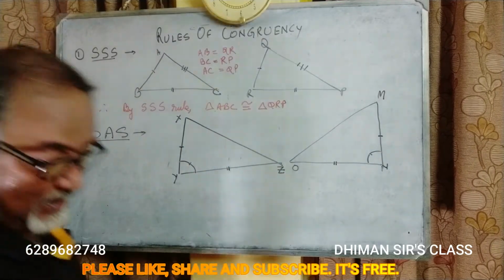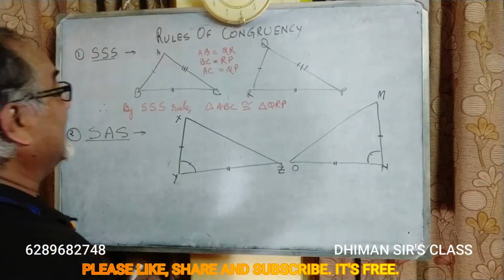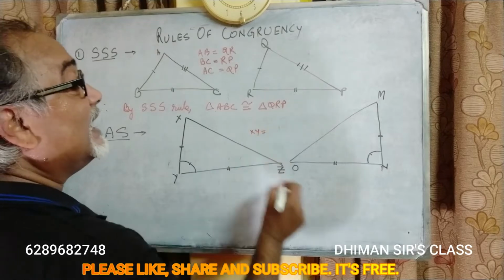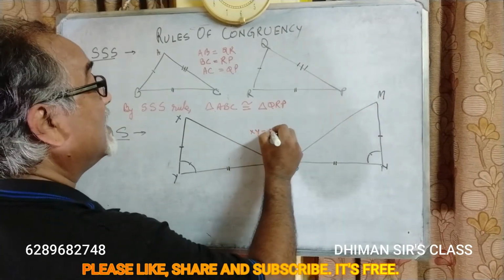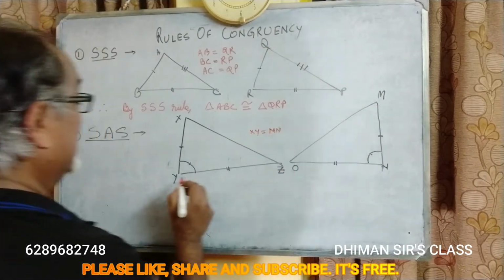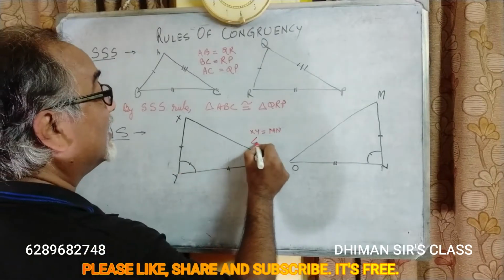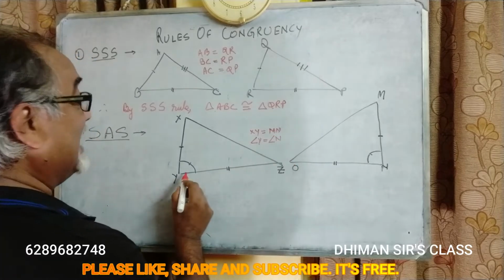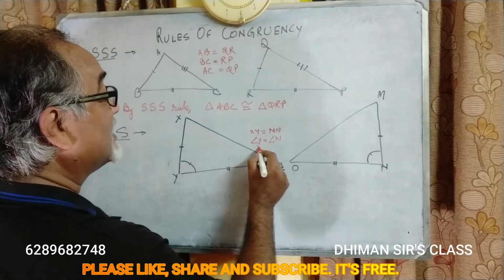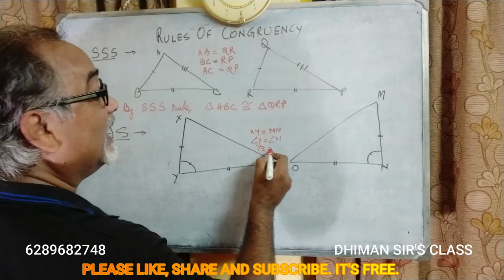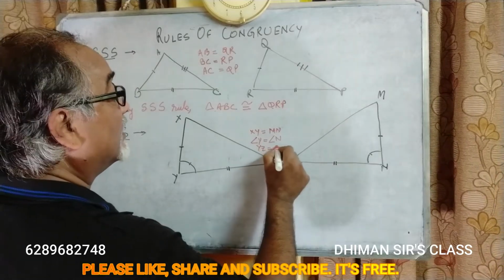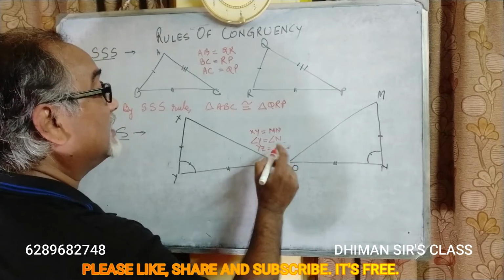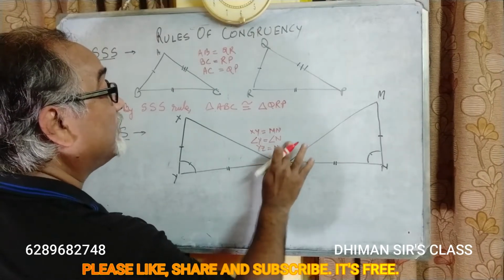Here we can see XY is equal to MN, and then angle Y is equal to angle N, and side YZ is equal to NO. Maintain the sequence, NO.